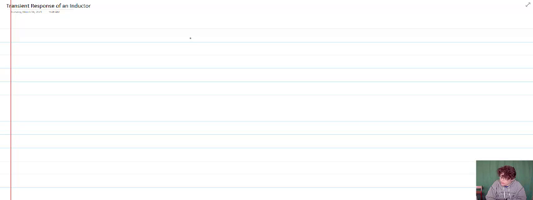In this problem, we're going to look at the transient response of an inductor.